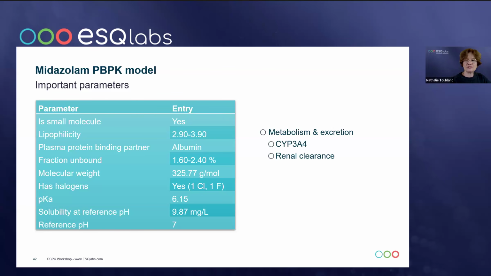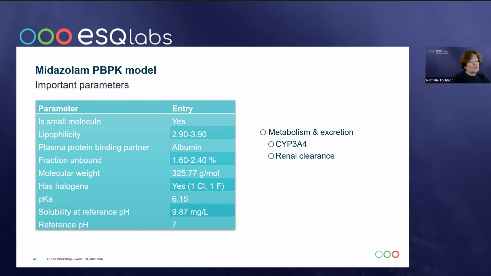So how is it metabolized and excreted? It's through CYP3A4 and renal clearance. So you will see in the example, the way that we are going to do it is that we are not going to introduce the enzyme directly. First, we are just going to introduce the renal clearance, and then we'll enter the enzyme. It's just for the reason of teaching.